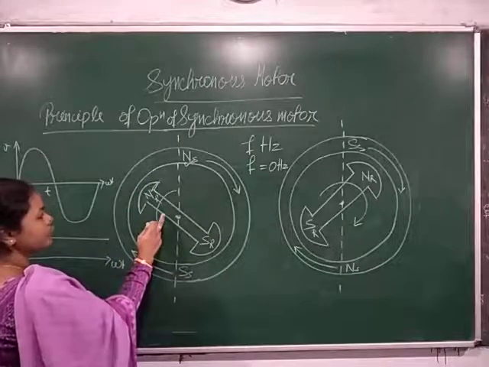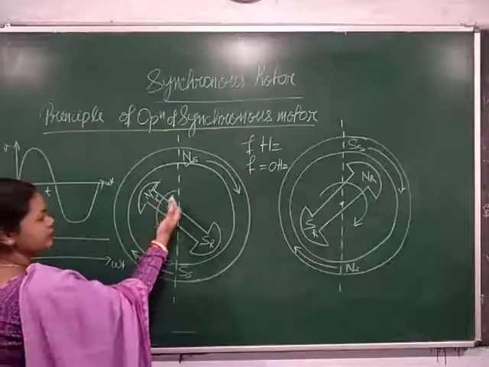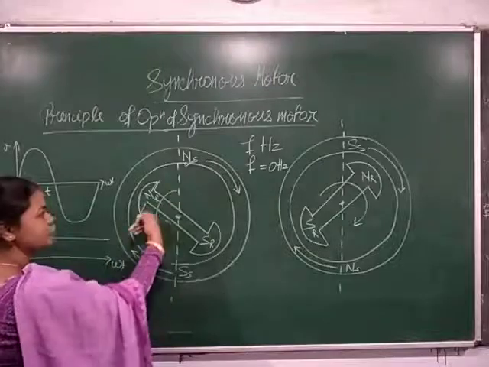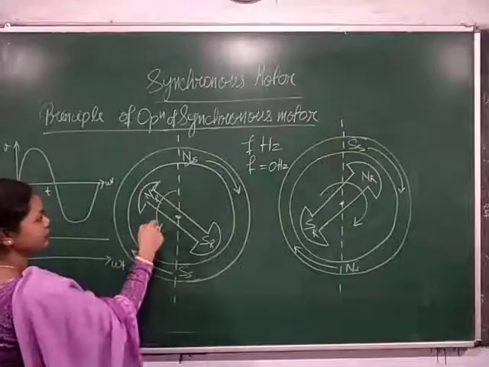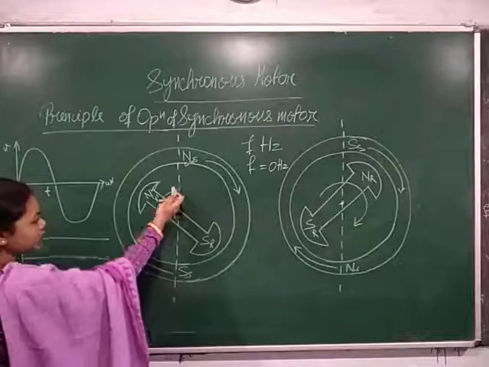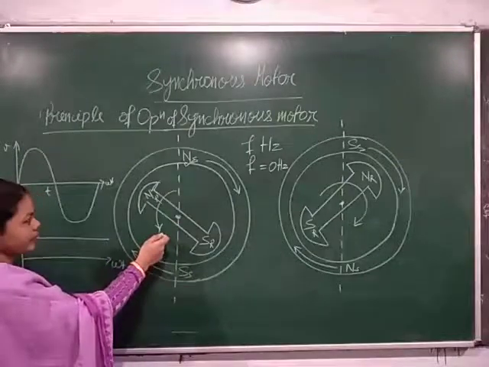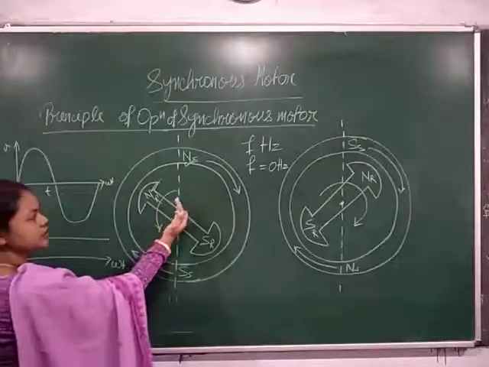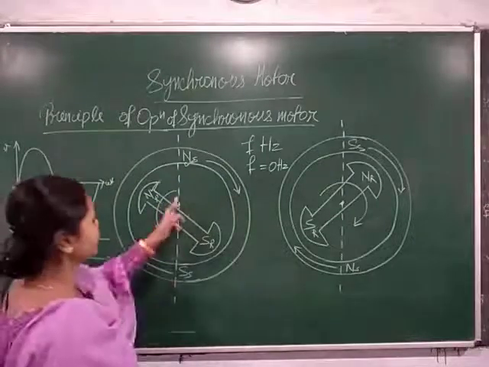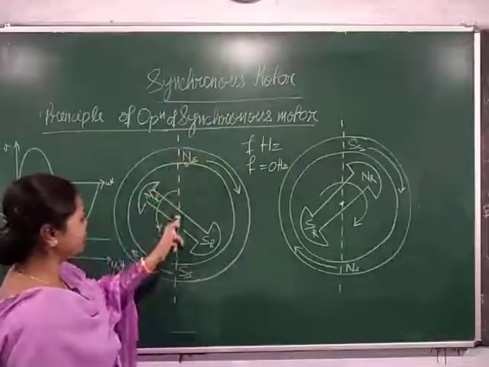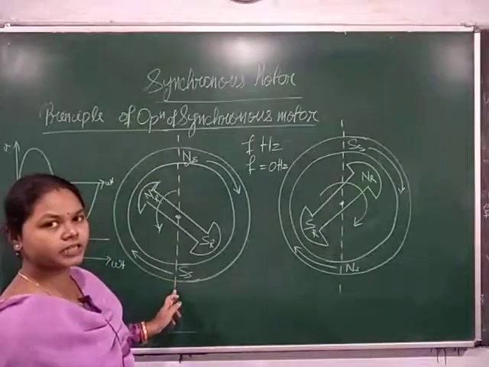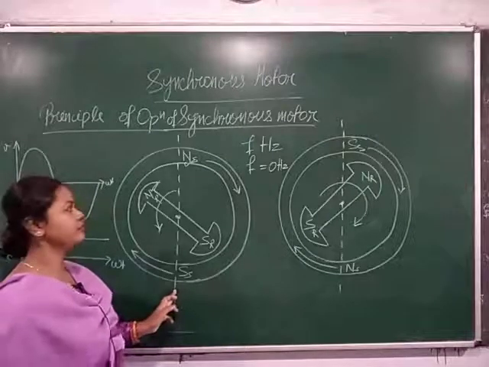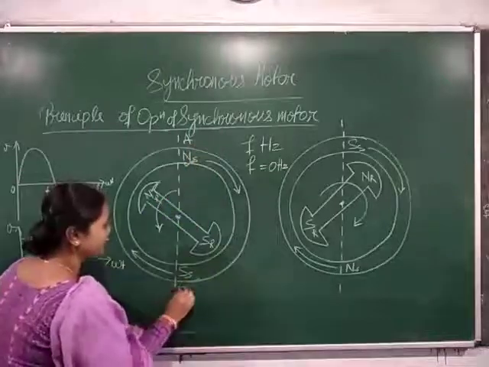The rotor tries to move in one direction, but it does not completely rotate due to inertia, it just pulsates. Suppose this is the axis of the stator pole or rotating magnetic field, let it be A and B.